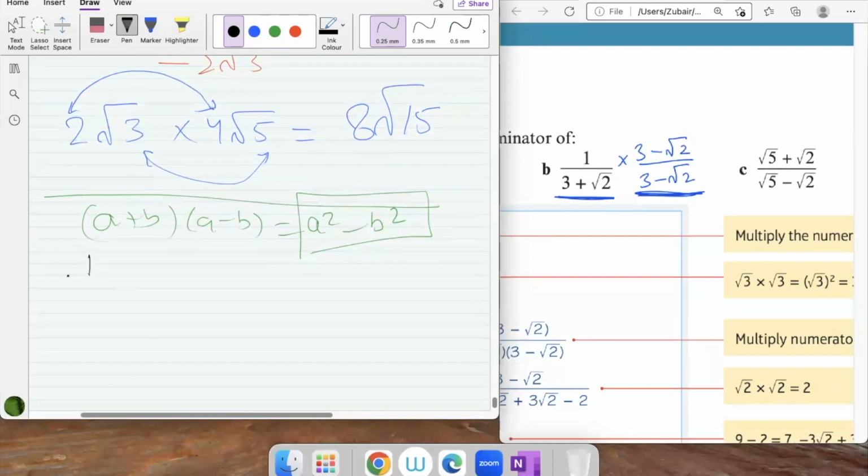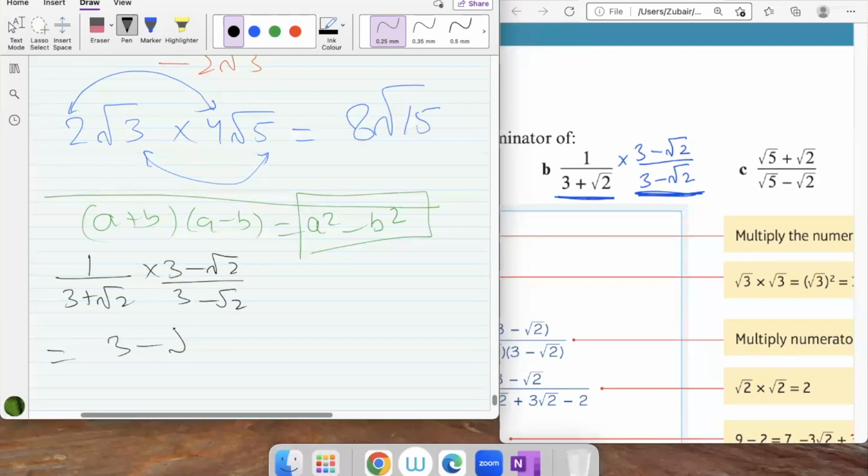So simplifying one question for you, this is 3 plus square root 2 times 3 minus square root 2 over 3 minus square root 2. So numerator is 3 minus square root 2 and the denominator is very clearly a square minus b square. A square is this and b square is this. Any doubts?